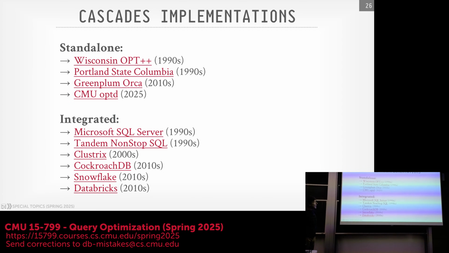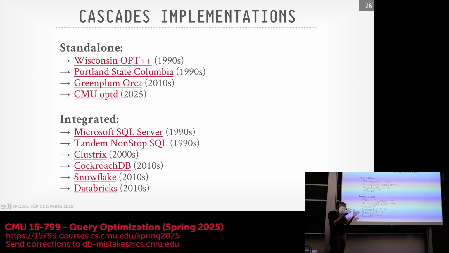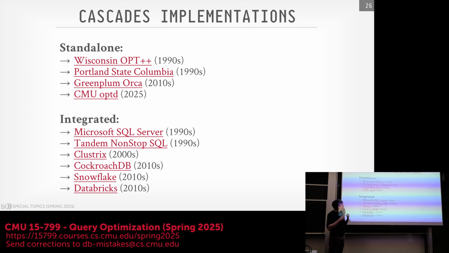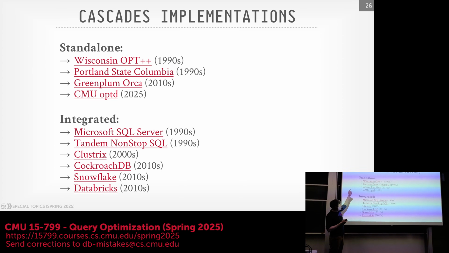All right, so as I said, there wasn't a single code base that said this is the Cascades optimizer implementation. The SQL Server one is what he went off and helped design and build at Microsoft. There were a couple of other projects in the 90s. Columbia we already mentioned, where Goetz Graefe was on the thesis committee.